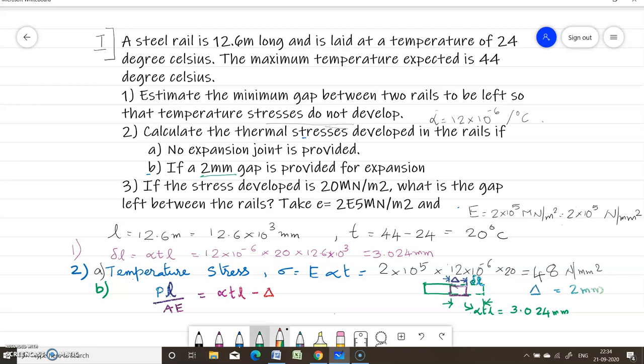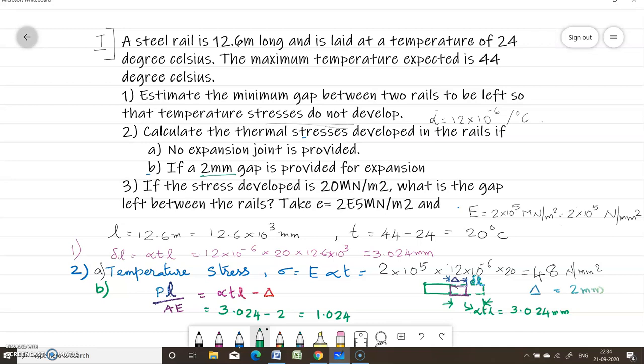Okay, so we have to find out what is the thermal stress, that is P by A. You know alpha into T into L is equal to 3.024 minus delta is 2. This is equal to 1.024. So we can find out what is P by A, that is the thermal stress.